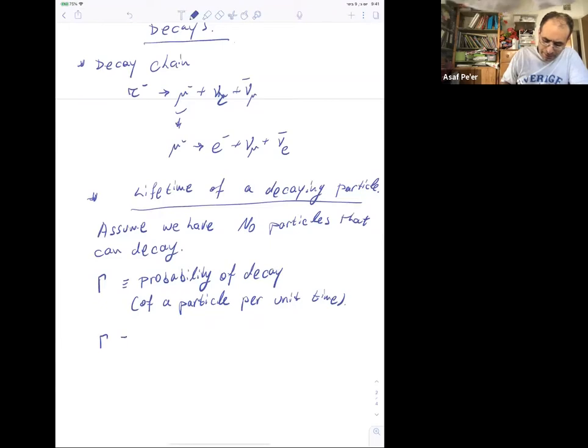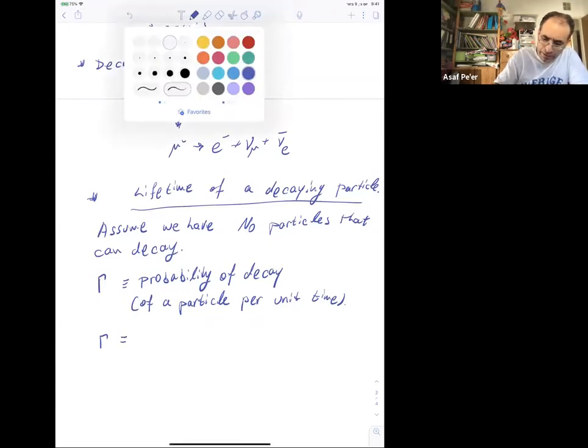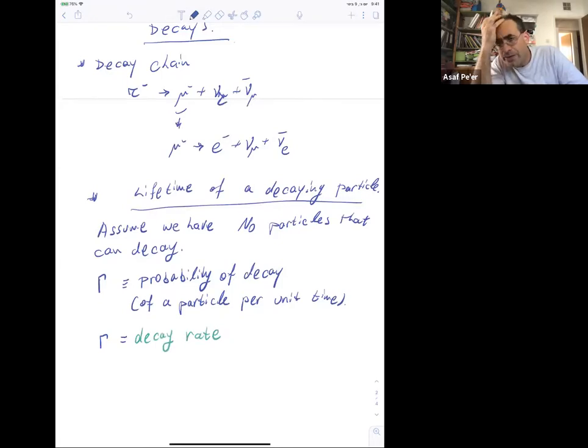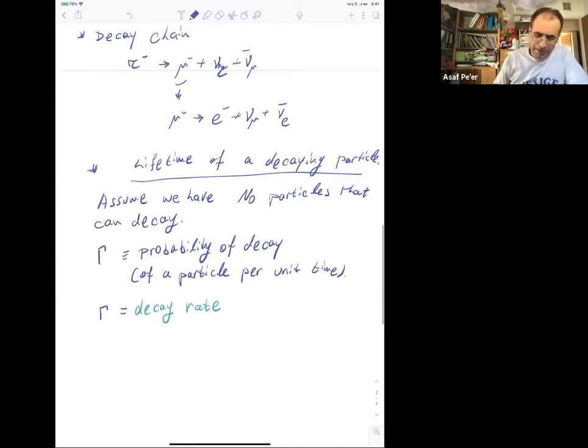It has several other names, but right now let's stick with the decay rate. Again, this is a quantity which we will calculate. We can take the Feynman diagrams and calculate this gamma from the Feynman diagrams. But let's first say what it means.